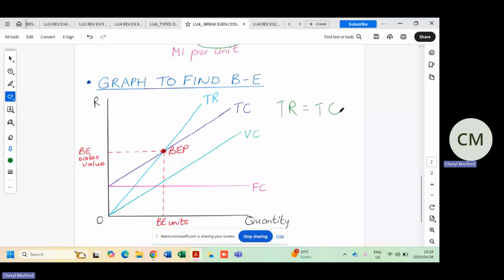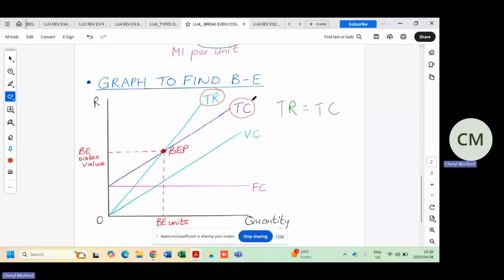So I will leave it to you to be able to understand the shapes of these lines. Notice here that they are all straight. Therefore, we assume a linear relationship between costs and units. The two important ones that we are looking at are total revenue, the turquoise line, and then the blue line, total cost.